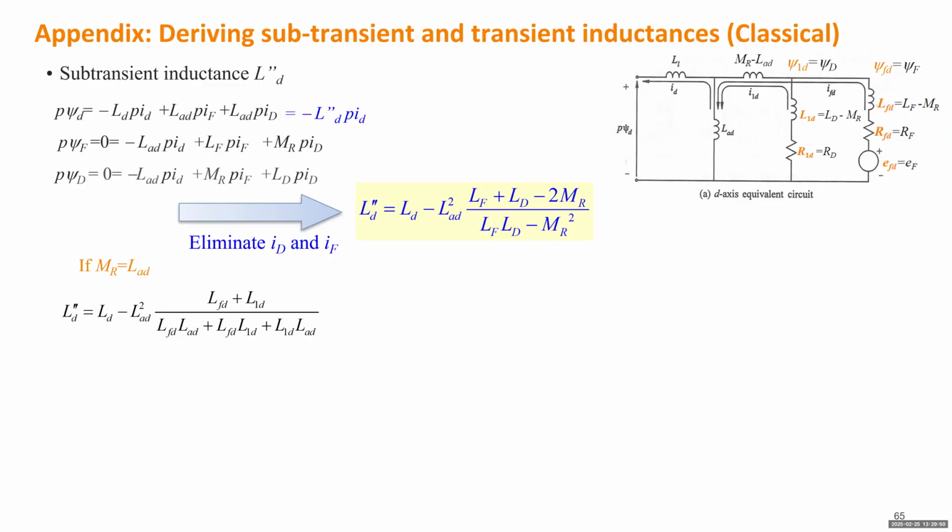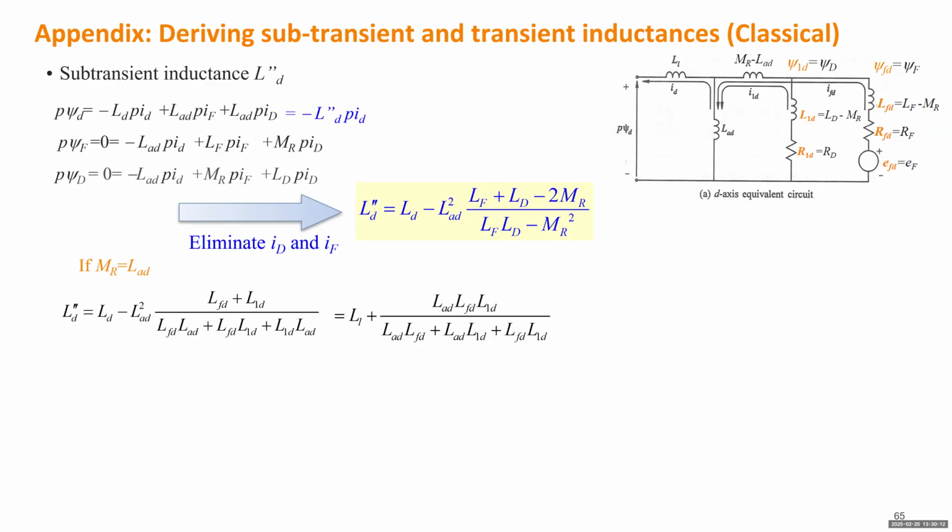So for instance, for this case, we assume MR is equal to LAD. So you'll get exactly that formula. This part is related to the parallel connection considering the three branches, LAD, L1D, and LFD.